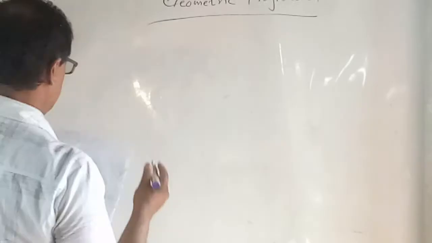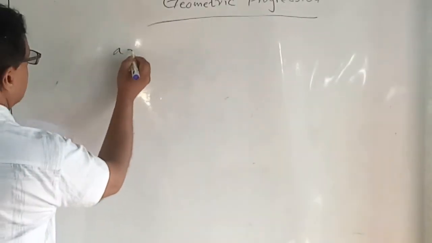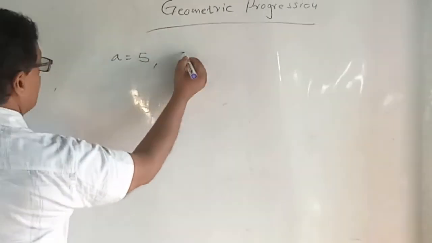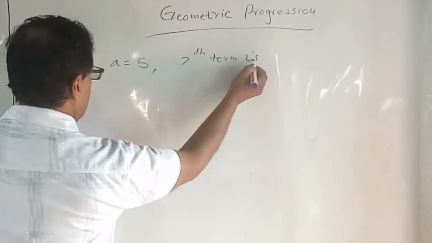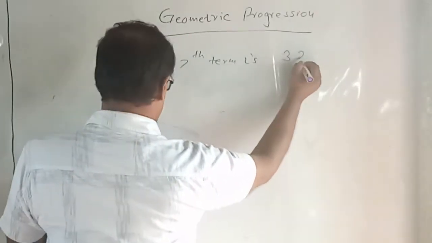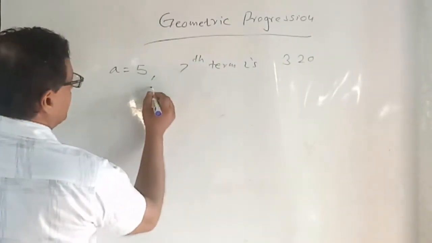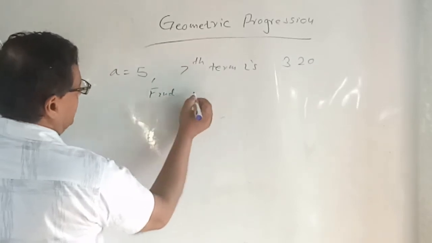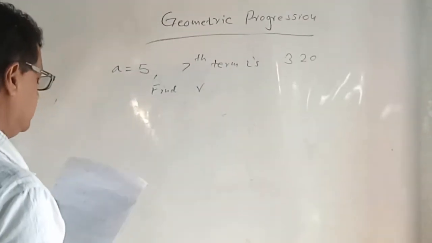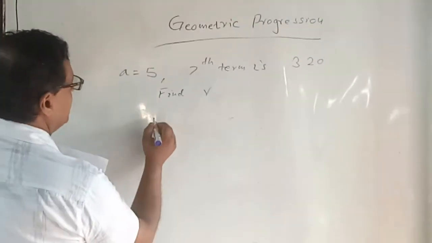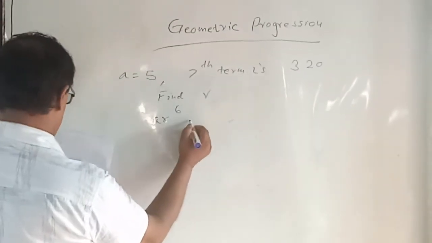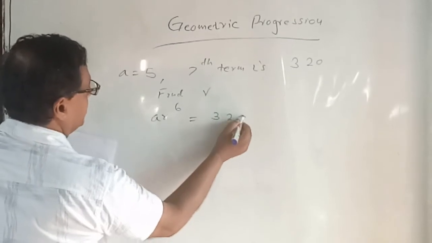Another example: in the GP, the first term is 5. The seventh term is 320. Find the common ratio. Find r. So the seventh term is ar to the power 6. That is equal to 320.